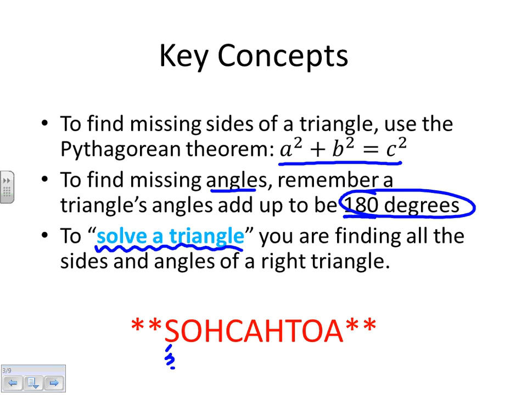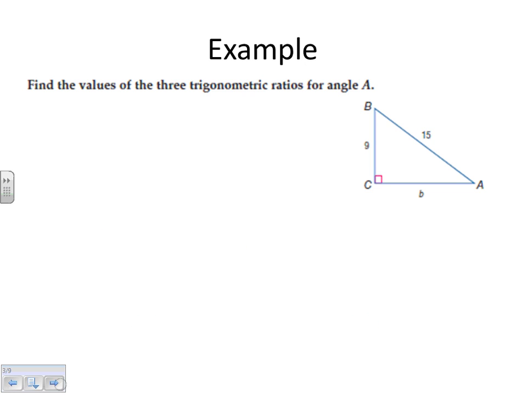Sine is opposite over hypotenuse. Cosine is adjacent over hypotenuse, and tangent is opposite over adjacent. So that's just kind of a little mnemonic device if you'd like to use that to remember those.